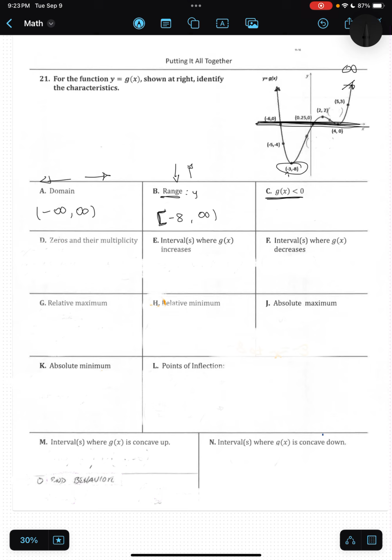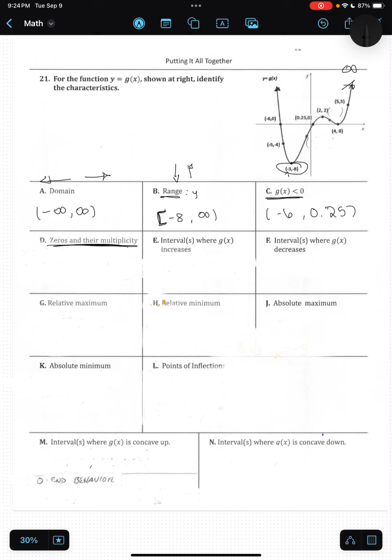So we can see -6, it begins to go down into the negatives until it reaches 0.25, and then it becomes positive again. So our graph is negative from -6 to 0.25.